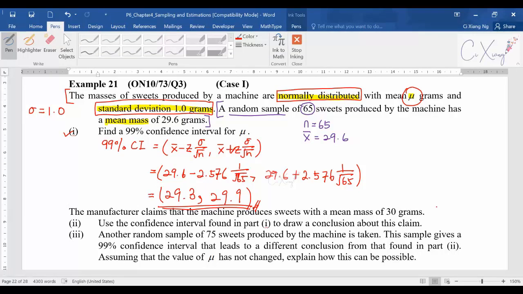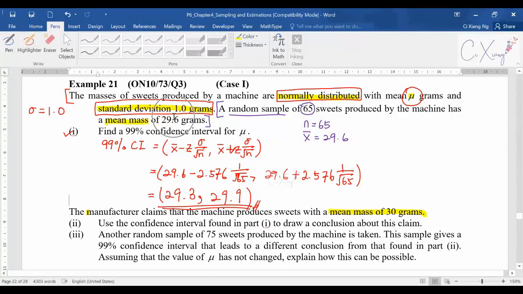This question is asking more of a concept question. Here they say one manufacturer claims that the machine produces sweets with a mean mass of 30. So this manufacturer tells us that the mean mass produced shouldn't be 29.6 like what they mentioned before; it should be 30.